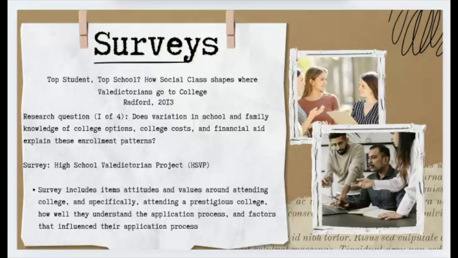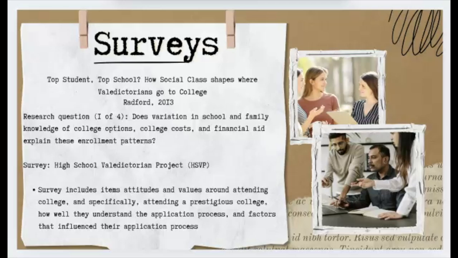So it says, does variation in school and family knowledge of college options, college costs, and financial aid explain these enrollment patterns? So the survey that they used for this study is the High School Valedictorian Project. And this survey included items about attitudes and values around attending college for both the parent and the child, and specifically attending a prestigious college.